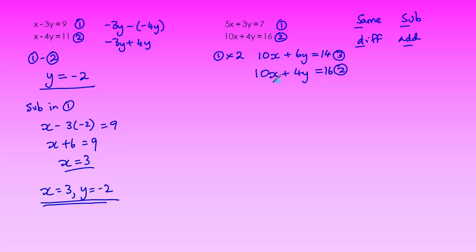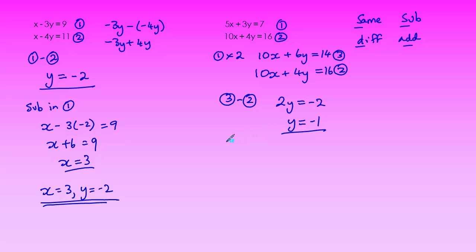I have 10 x's in each equation, and they're both positive, so same subtract. I'm going to do equation 3, take away equation 2. So 10x take away 10x, that disappears. Then we've got 6y take away 4y, so that's 2y. 14 take away 16 is negative 2, so y is negative 1.